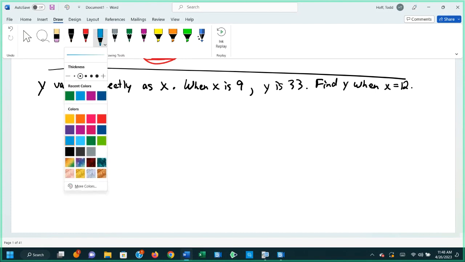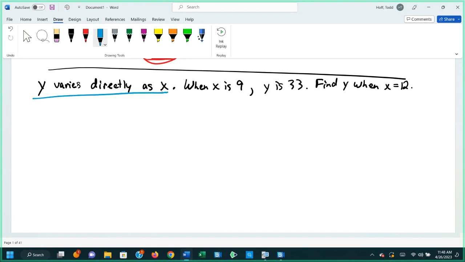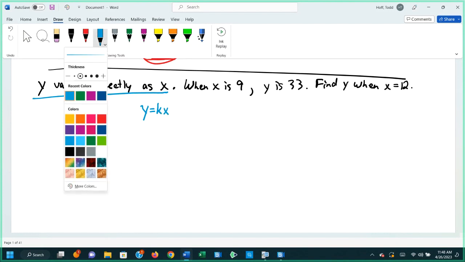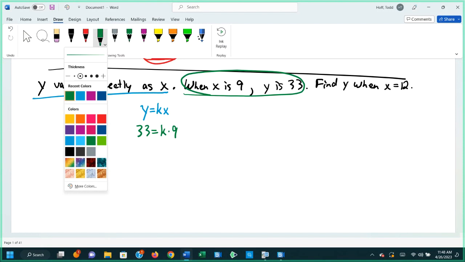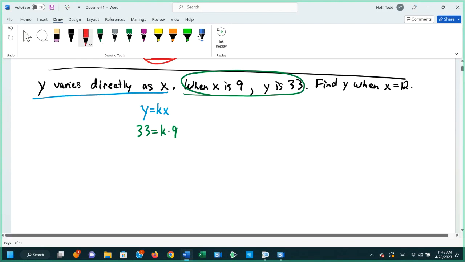So we start out where we did before. y varies directly as x is telling us y equals a constant times x. We have our initial condition, or known condition. x is 9 when y is 33. So we're going to replace y with 33 equals k, replace x with 9. And once again, we're going to solve for k, that constant.